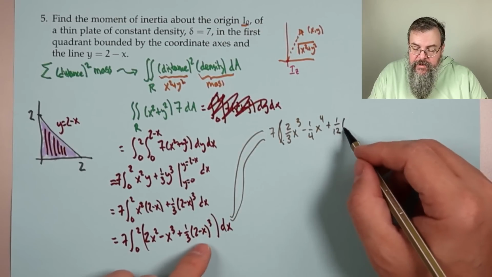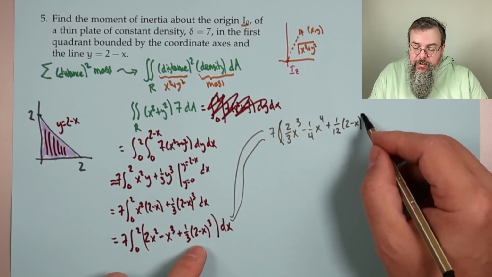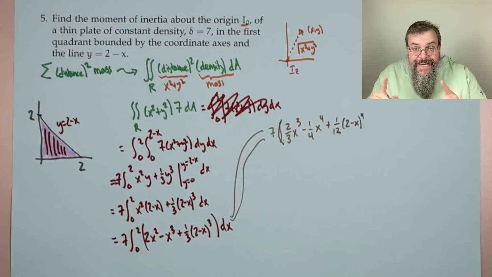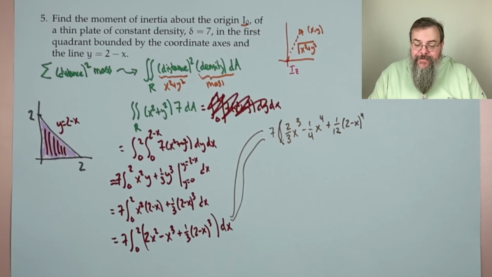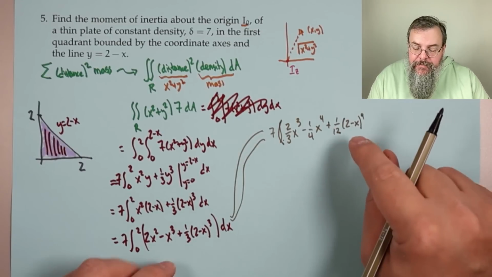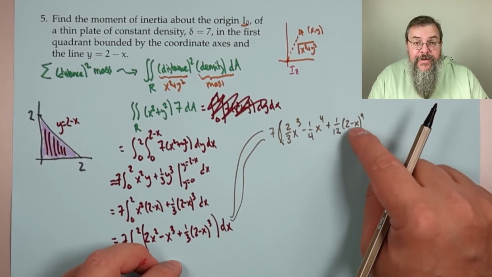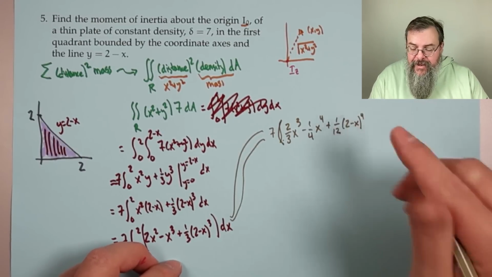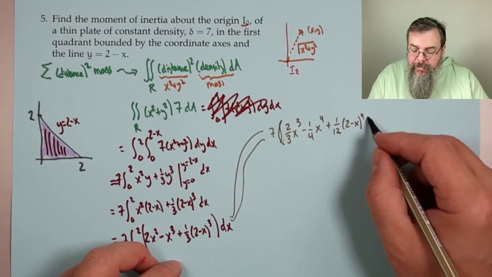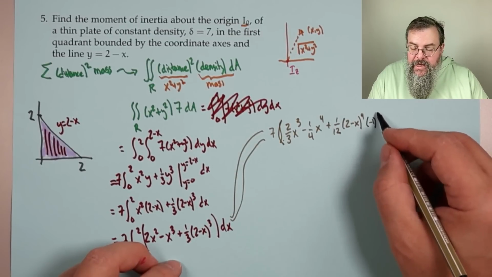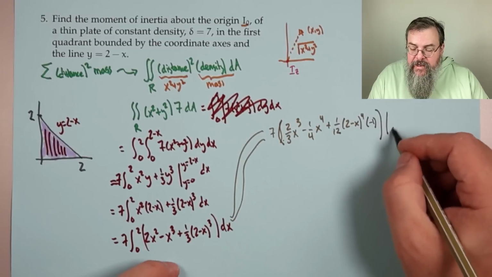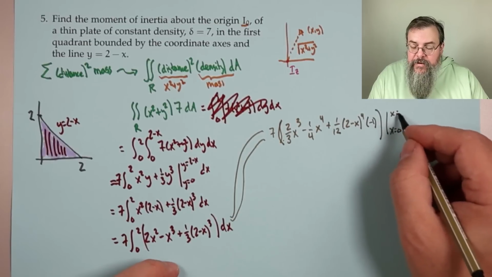And then we're going to have 2 minus x to the 4th. And then we have to account for the fact that it's not x. It's 2 minus x. How do you do that? Well, it's a linear expression, and so you divide by the coefficient of x, which means divide by -1, which is the same thing as multiply by -1. And then evaluate x equals 0 to x equals 2.